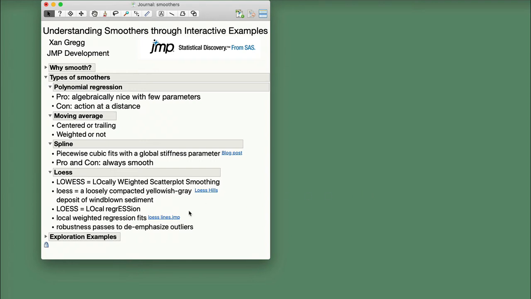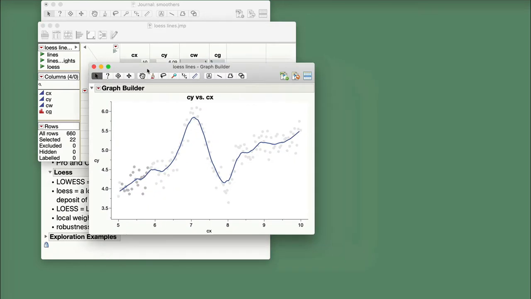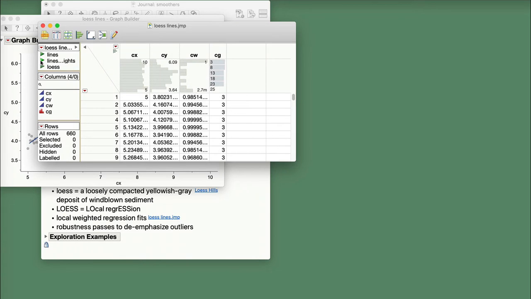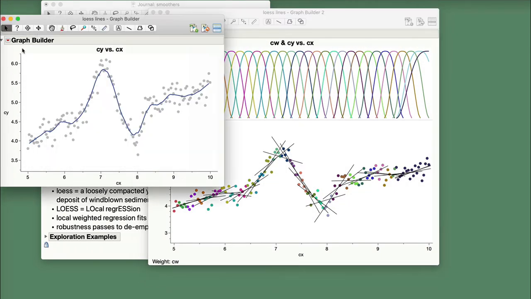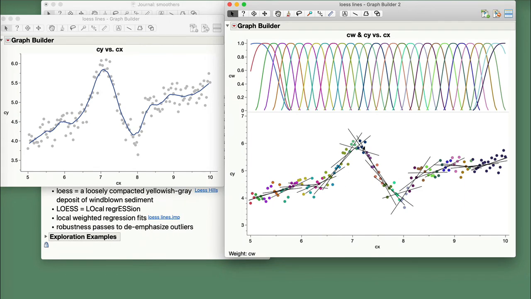I made a little illustration of that with this data set, which is actually from one of Cleveland's books. There are the points and a loess fit through the points. Let me bring up my illustration here. The idea is that we've got lots of little linear fits, and they're all stitched together to form the curve.